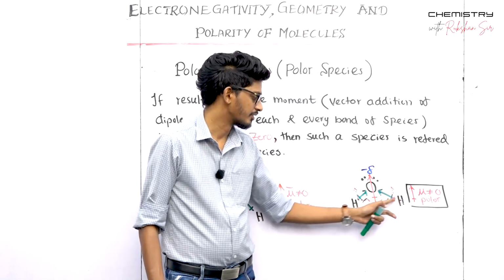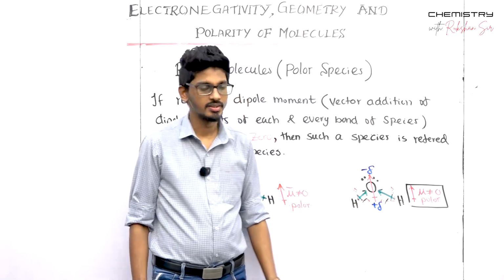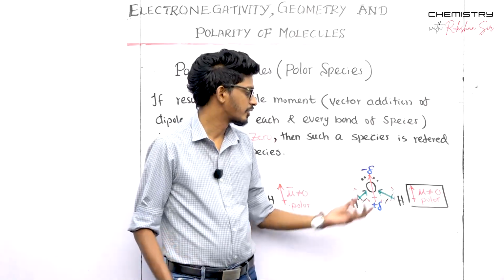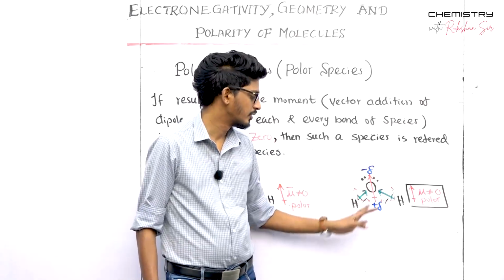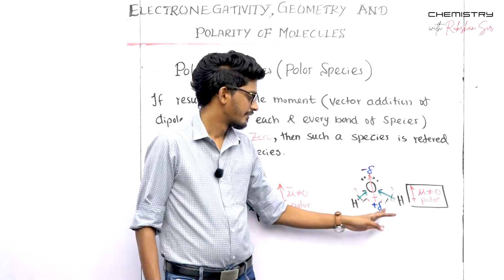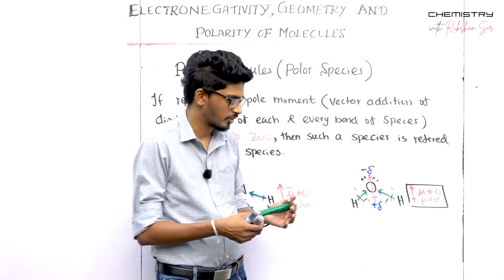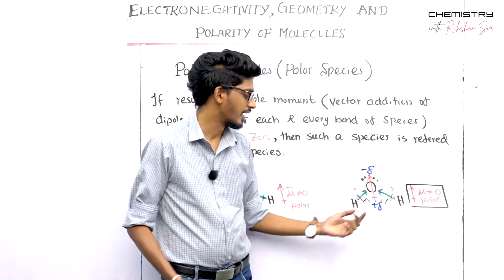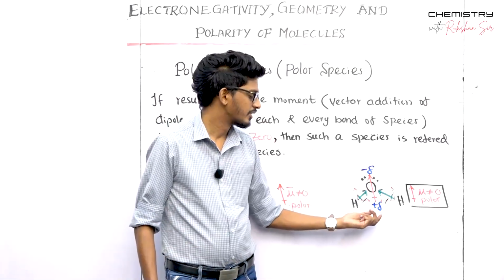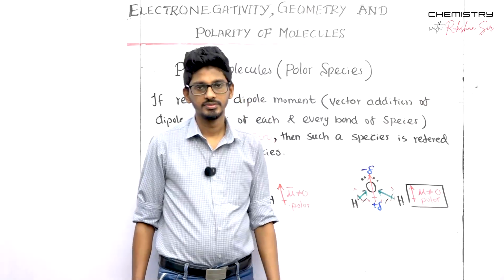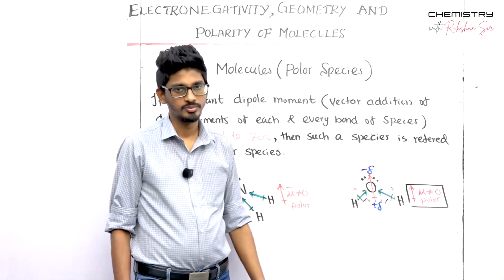That is the polarity of H2O. You have greater electron density at the oxygen pole, and slightly less electron density between the two hydrogens. It is an asymmetric electron cloud. That is the polarity of H2O.